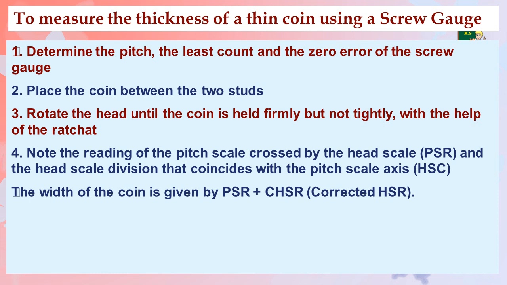We mention that as PSR, and the head scale division that coincides with the pitch scale axis is HSC. The width of the coin is given by PSR plus CHSR. The CHSR means corrected head scale reading. PSR means pitch scale reading.